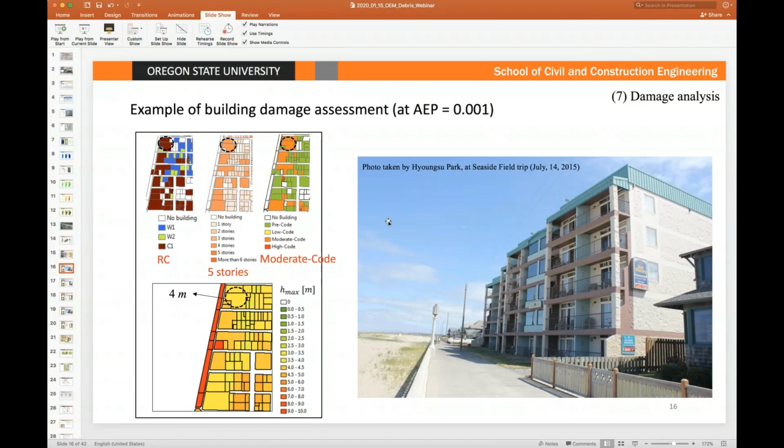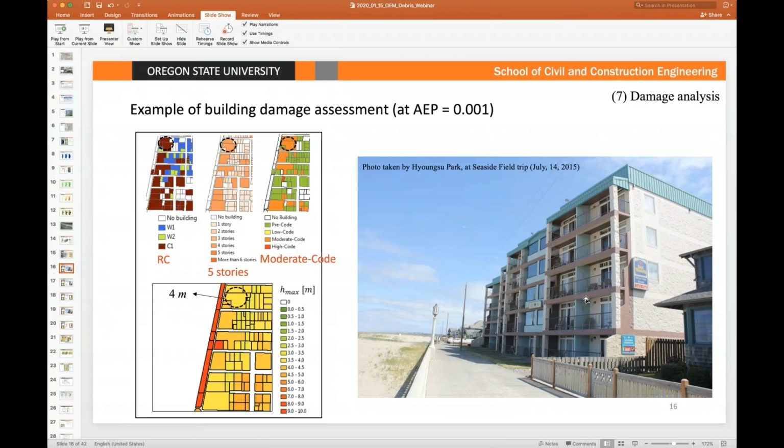So an example of how we do our damage assessment is, again, let's say, for example, the hotel on the right, we want to know for a given event, let's say this 1,000-year event, what's the likelihood of having a certain level of damage to that building. And from our inundation study, we would know that the level of flooding there would be about 4 meters.